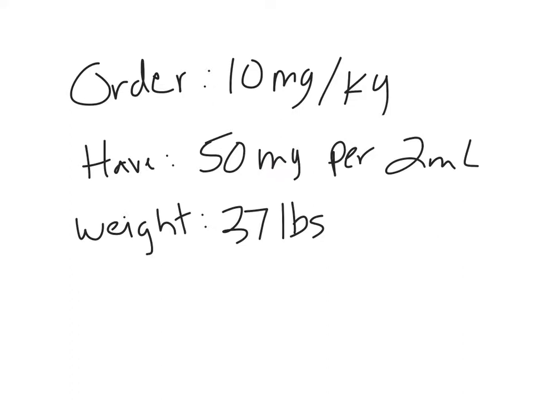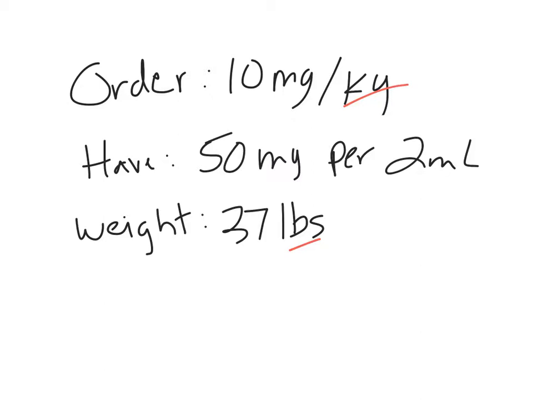Okay, so a couple things with this problem. Not only are we going to have to incorporate that patient's weight to figure out their specific ordered dose, or our D in our dosage calculations formula, but you notice that the weight is not given in kilograms. As you know, it says per kilogram, not per pound. So I'm going to have to convert that weight from pounds into kilograms.